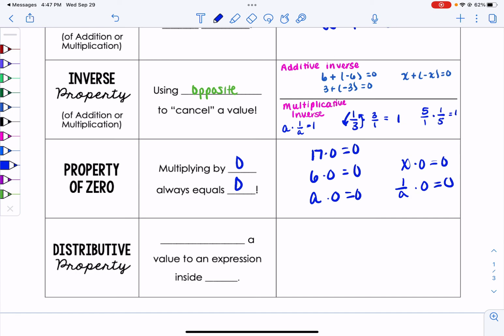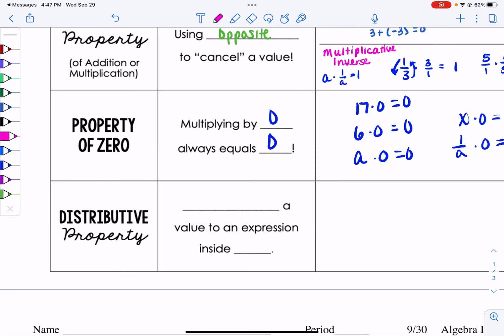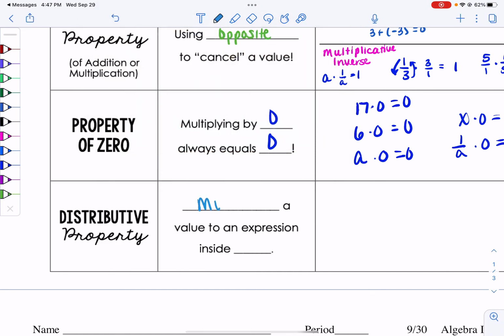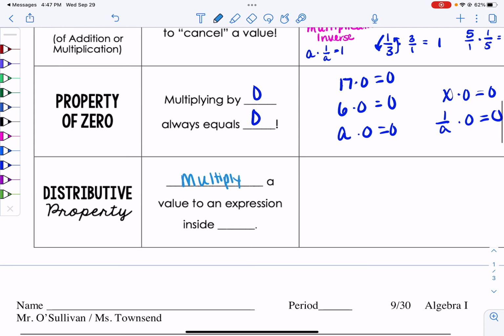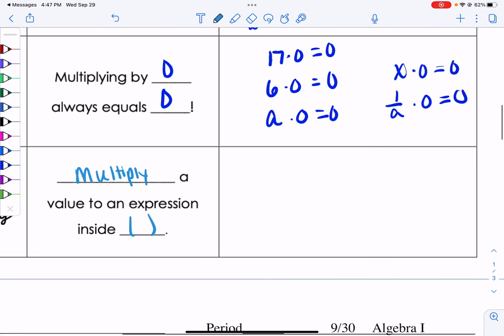The distributive property simply says multiply a value to an expression inside parentheses. Here's how it's going to work. If I have a times b plus c, I'm going to distribute that a to each term on the inside.